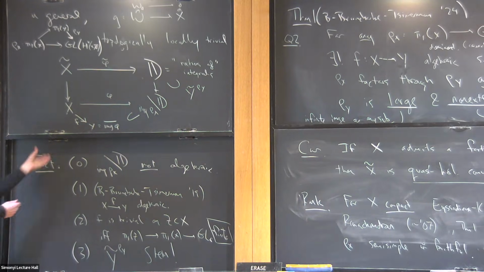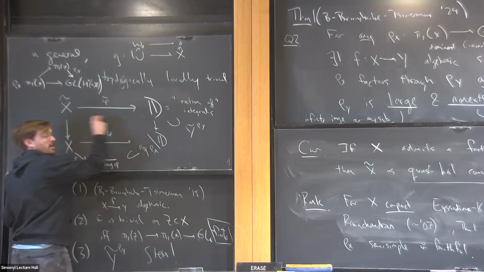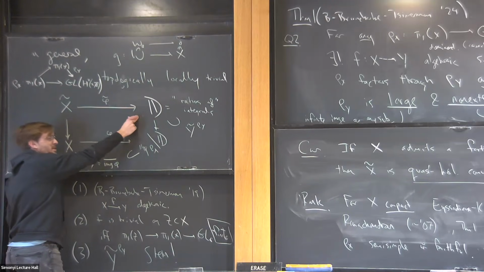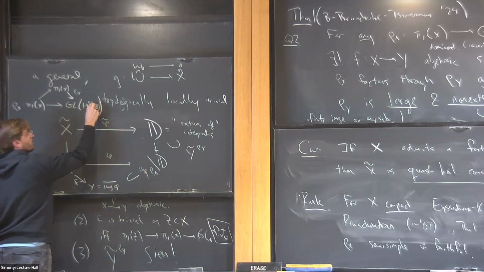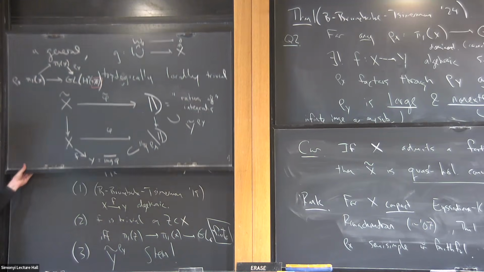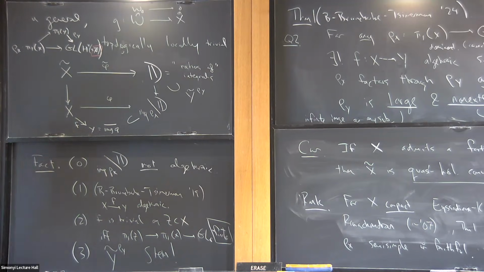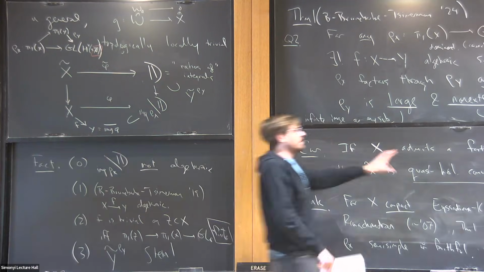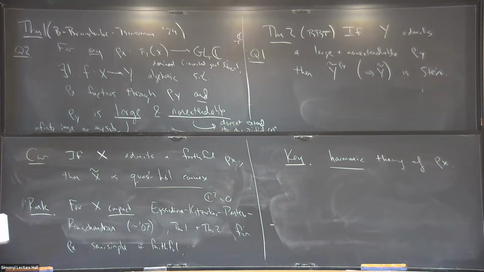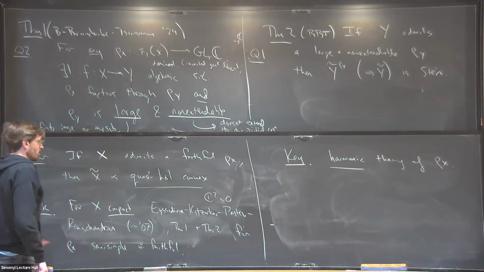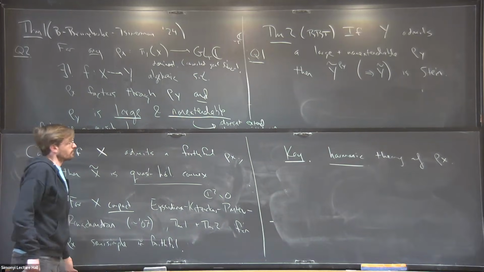First of all, the fact that it underlies a variation of Hodge structure, so comes from a period map, is one thing that's missing. But also the fact that it has integral monodromy is another piece that's missing. So when we do the harmonic theory of a general representation, we're going to have to do it at both the Archimedean and the non-Archimedean places to recapture both sides of that story.